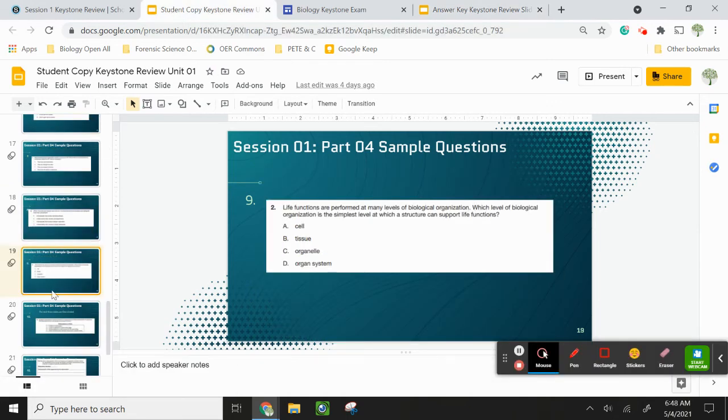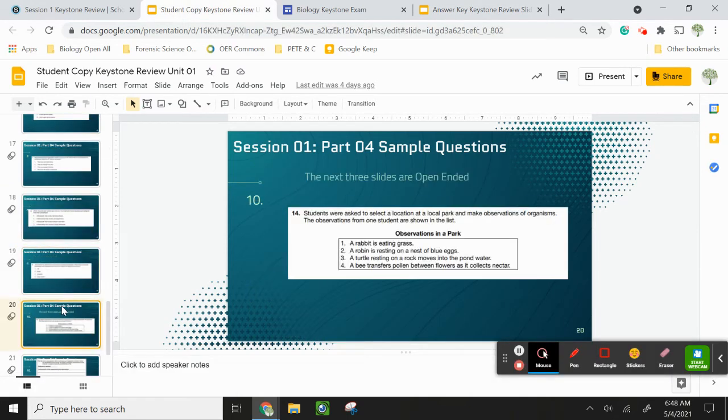All right, next question. We have a short answer or open-ended question here. Students were asked to select a location at a local park and make observations of organisms. The observations from one student are shown on the list. A rabbit is eating grass. A robin is resting on a nest of blue eggs. A turtle resting on a rock moves into the pond water.